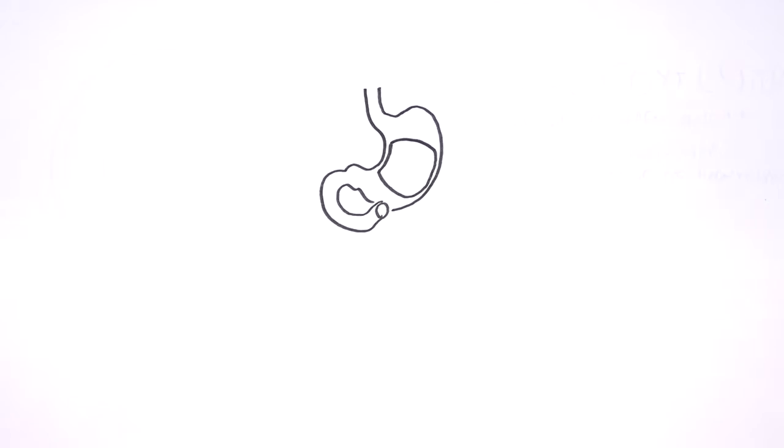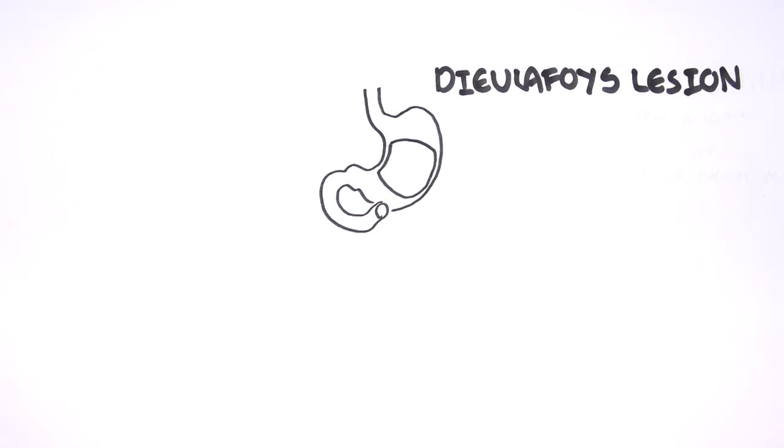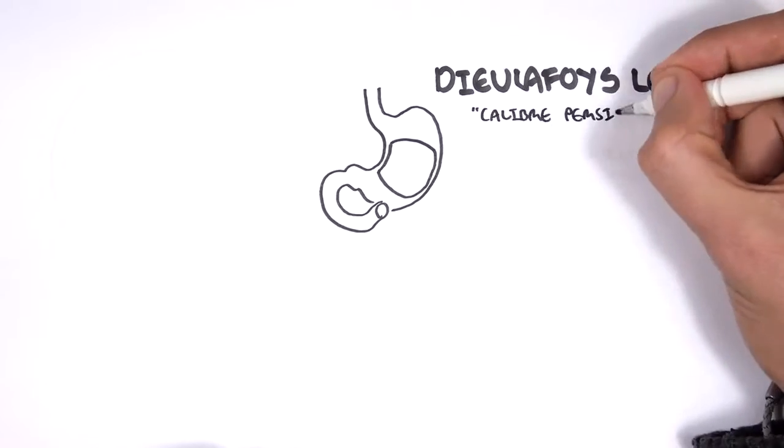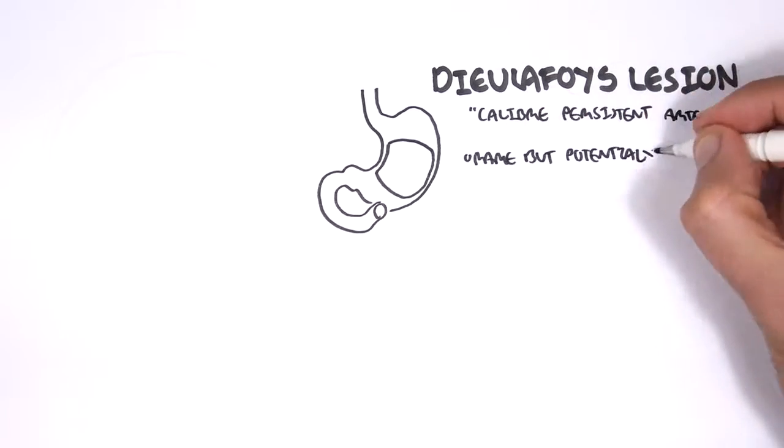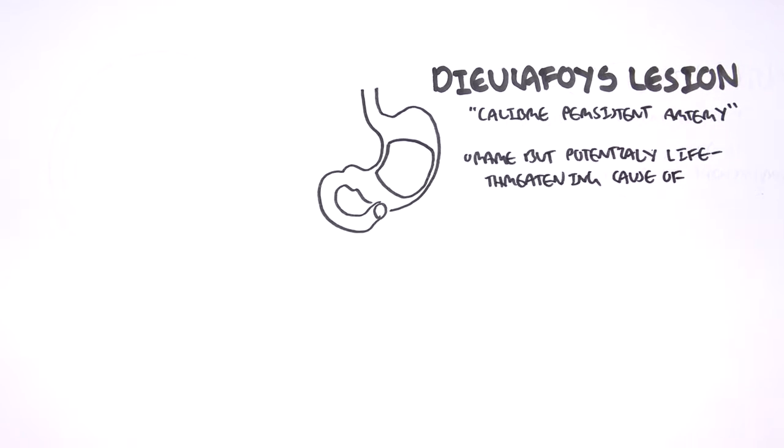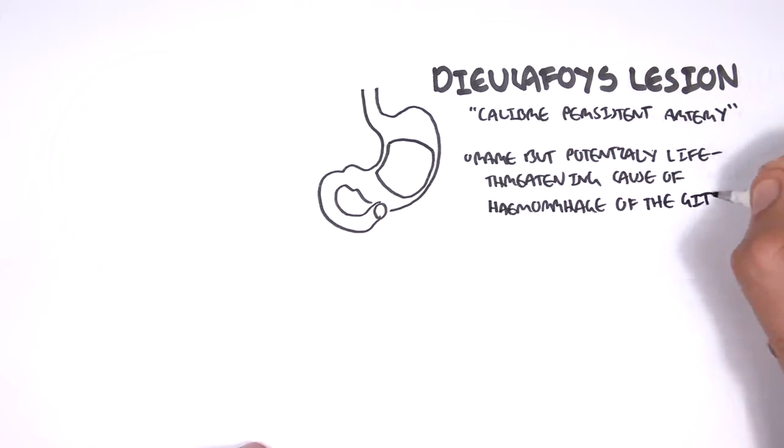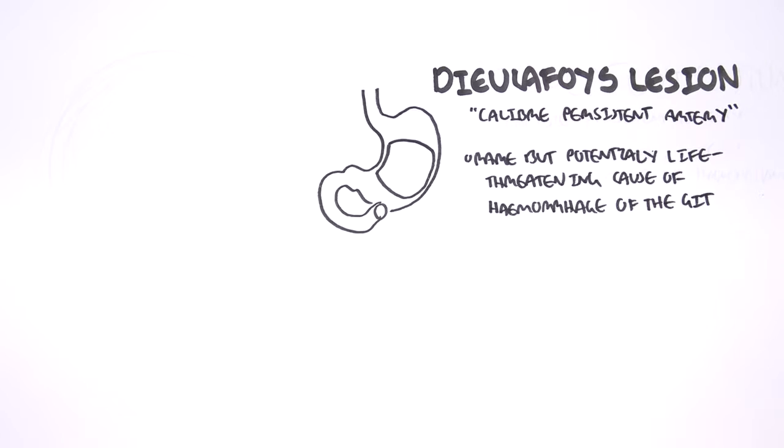The next condition is Dieulafoy's lesion, which is also known as a caliber persistent artery. It's rare but potentially life-threatening because it causes hemorrhage of the GIT. And as the other name suggests, caliber persistent artery, it has to do with the artery that supplies the stomach.